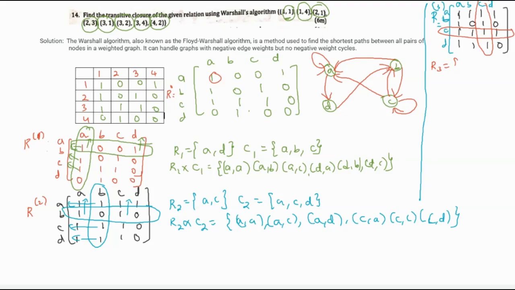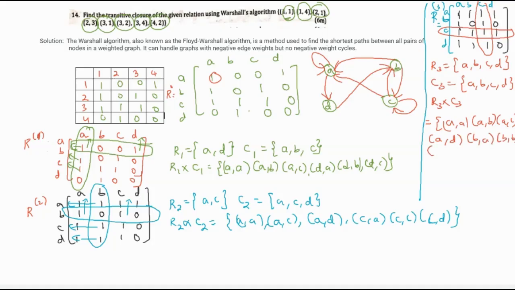R3 will be A, B, C, D, and C3 will be A, B, C, D. So when you take the Cartesian product of R3 cross C3, we get A,A, A,B, A,C, A,D, then B,A, B,B, B,C, B,D, then C,A, C,B, C,C, C,D. Then you have D,A, D,B, D,C, D,D.